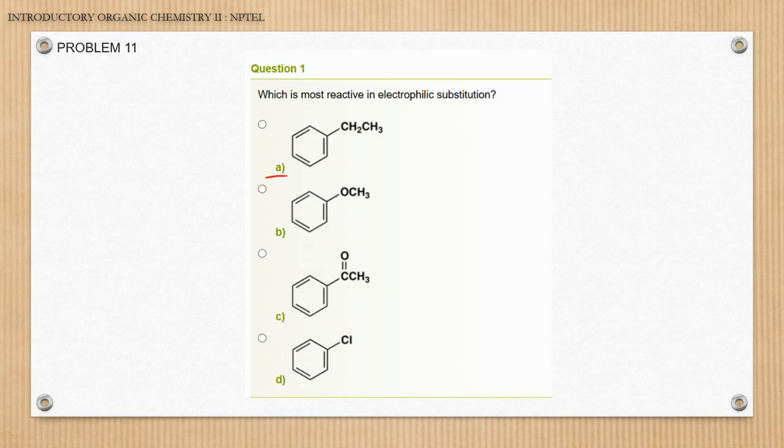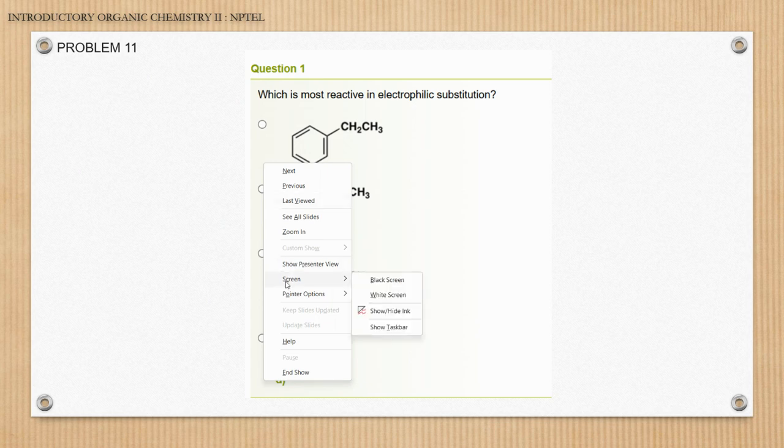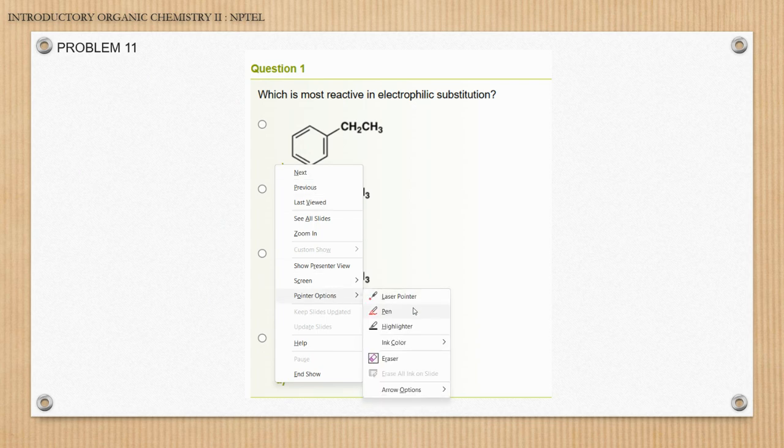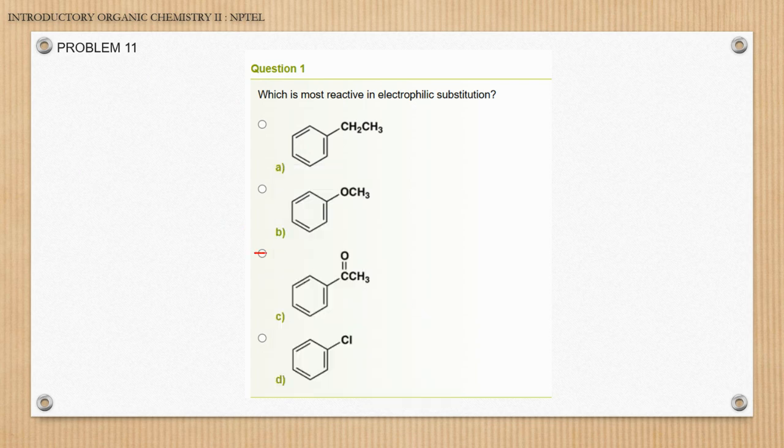No, I said B. Okay, you said B. So any other answer other than B? D. D, right? Okay. So now they're asking which is the most reactive compound in electrophilic substitution.